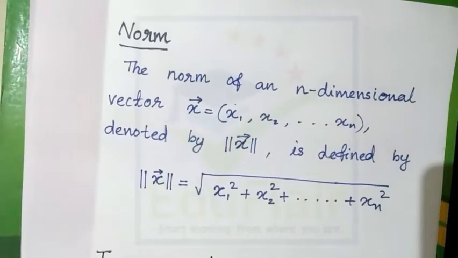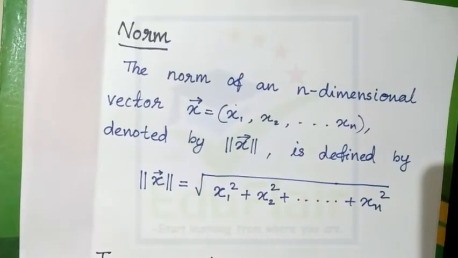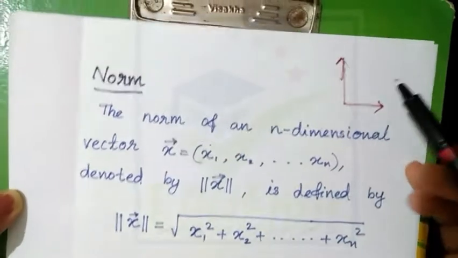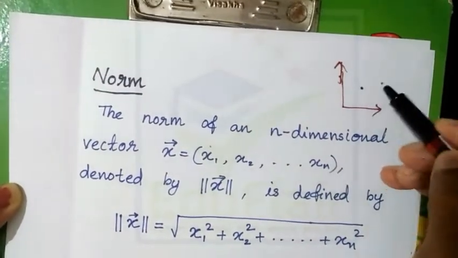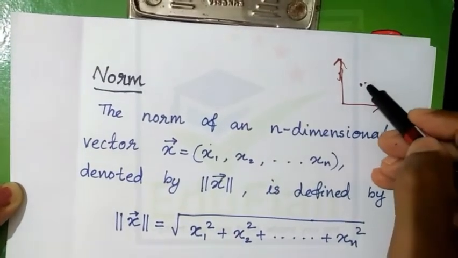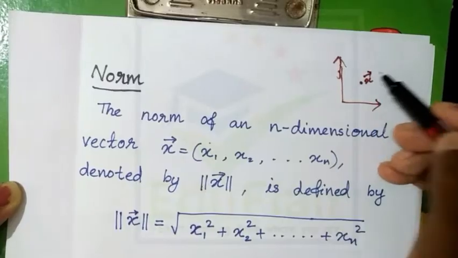xn square. That is, if we consider a two-dimensional data space, and suppose this is a data point, we are going to represent this data point as a vector, that is vector x.